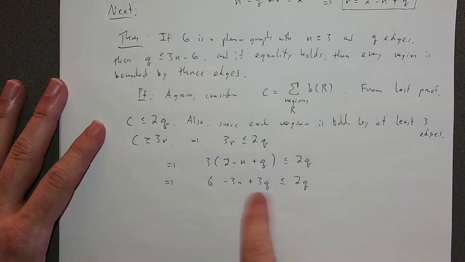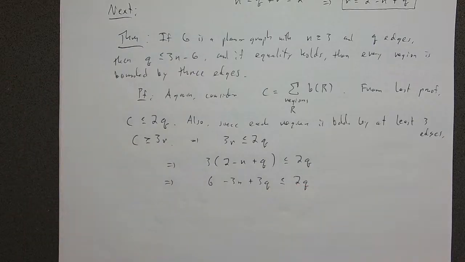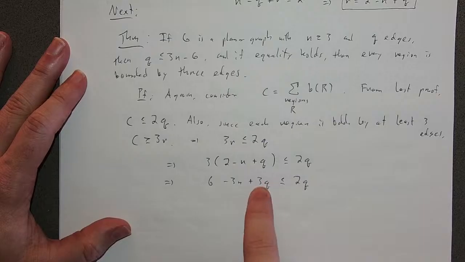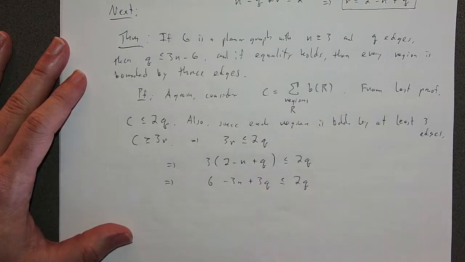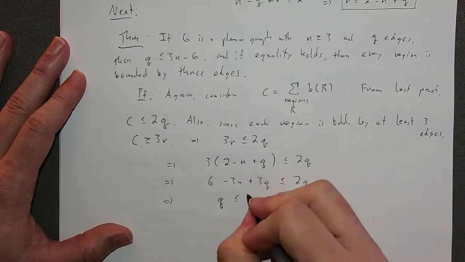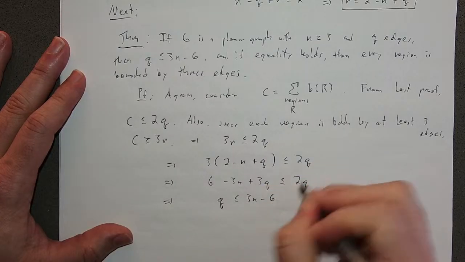So I can subtract 2q from both sides. That's a positive number, and I'm subtracting it anyway, so it doesn't matter. Subtracting 2q from both sides leaves me with just a q here, moving everything else over to the right-hand side. This implies that q is less than or equal to 3n minus 6.